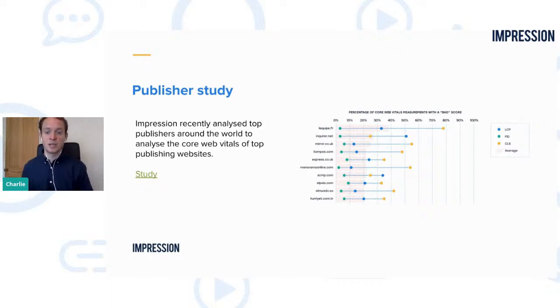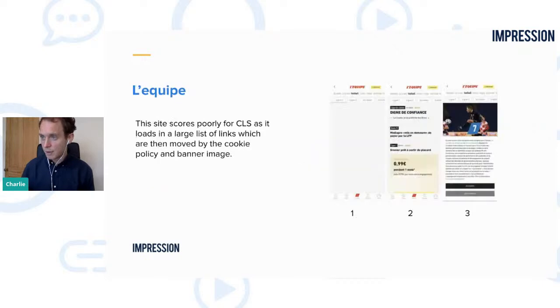So I've tried to find some of the issues we saw in that study and show you what I think they're coming from. The first one, from Lequipe, has a really bad cumulative layout shift. A good way to illustrate this is to show how the page loads in. In image 1, it loads the header and the footer of the mobile website.